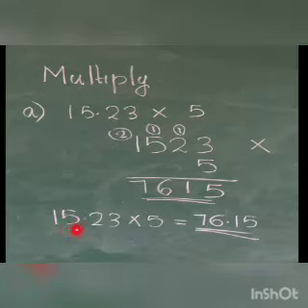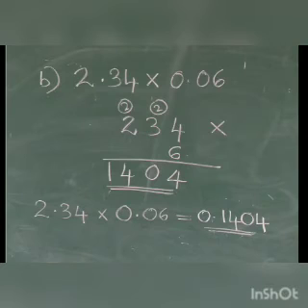So 15.23 multiplied by 5, what are you getting? 76.15. Don't forget to insert the decimal point after the multiplication. After getting the product, you have to insert the decimal point, because while multiplying we avoid the decimal point. When you insert it, you have to take the correct number of places given in the question.